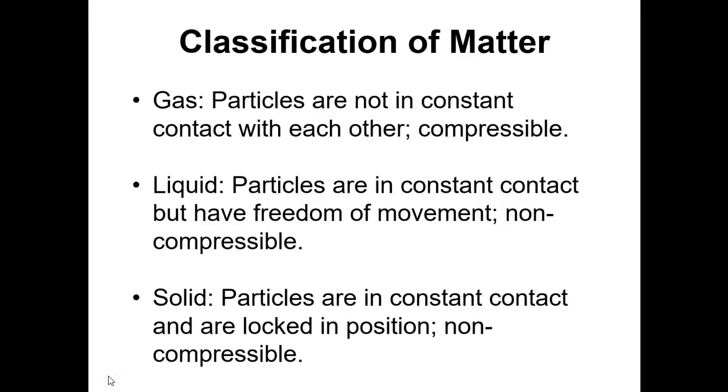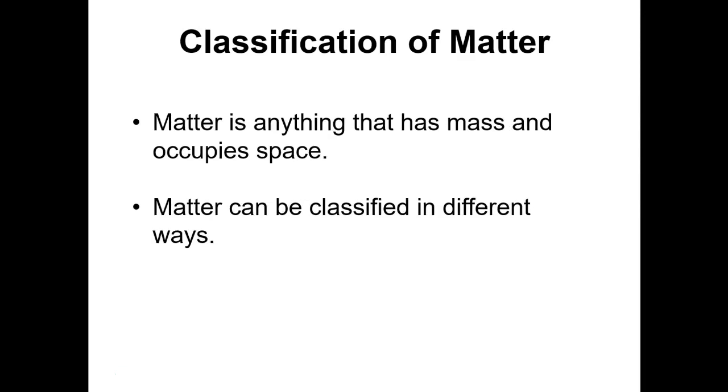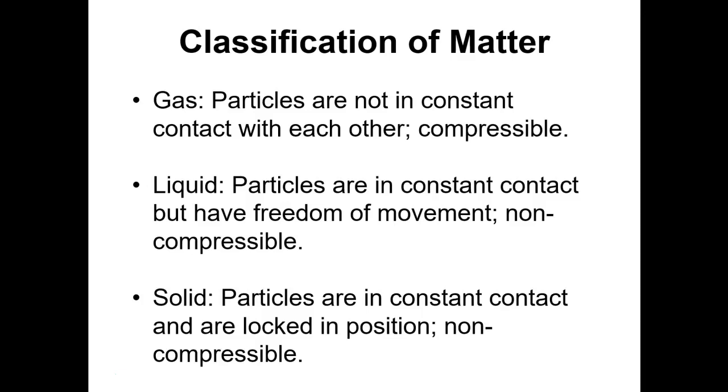A gas is a physical state in which the particles are not in constant contact with each other, and it's compressible. A liquid would be a state of matter in which particles of the substance are in constant contact with each other, but they have the freedom to move around relative to each other, and that would be non-compressible.